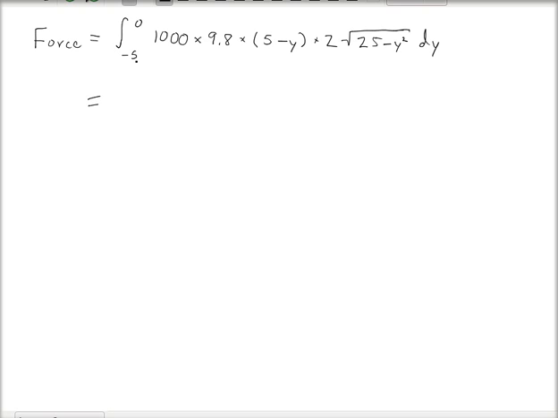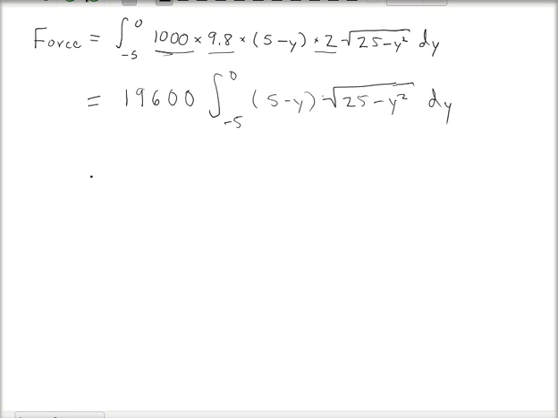First of all, let's pull together the constants. I've got 1,000 times 9.8, and a 2 in here, and if I multiply those all together, it gives me 19,600, and I'm going to pull that outside the integral. From -5 to 0, 5 minus y, square root of 25 minus y squared is what I've got left in the integral, dy.